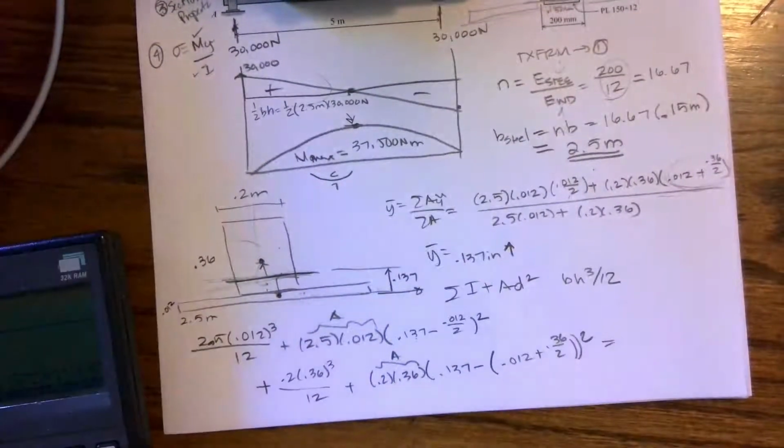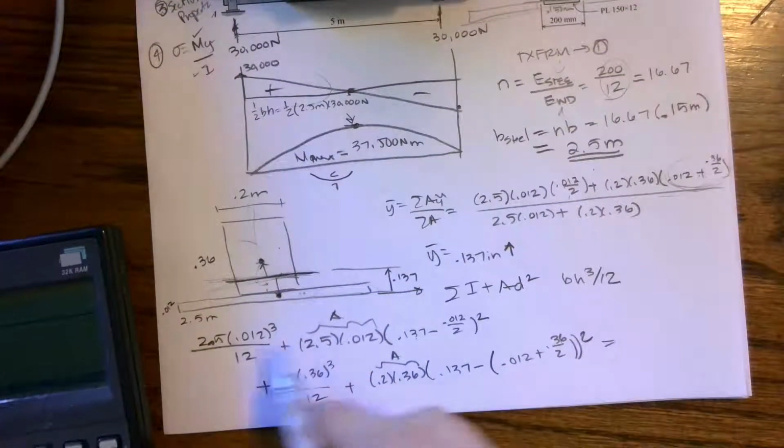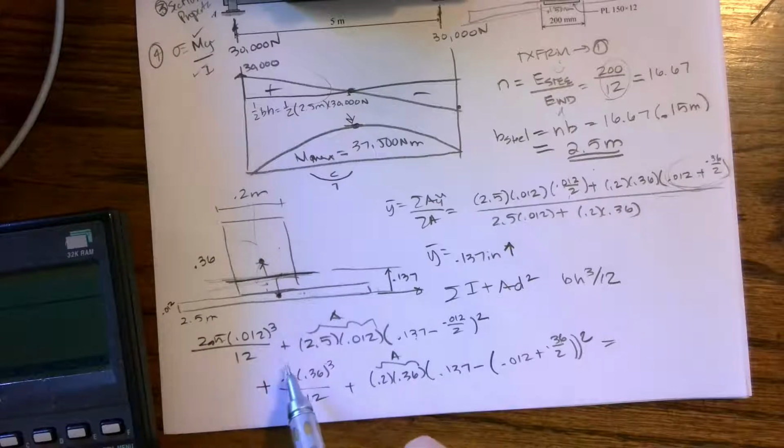So I hope you guys can see that. I need a real studio. So multiply 2.5 times 0.012 cubed, times 12 divided by, 2.5 times 0.012 times 0.137 minus 0.012 divided by 2, squared, and add.